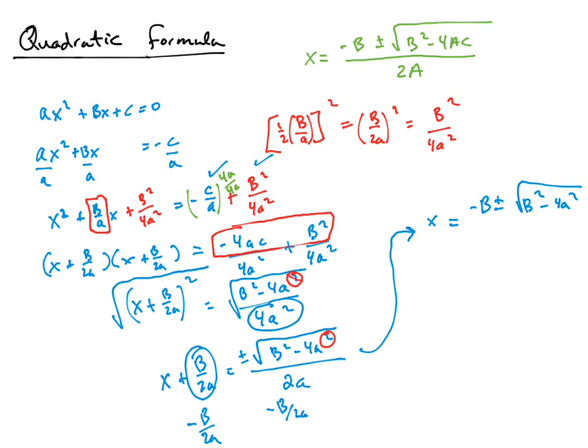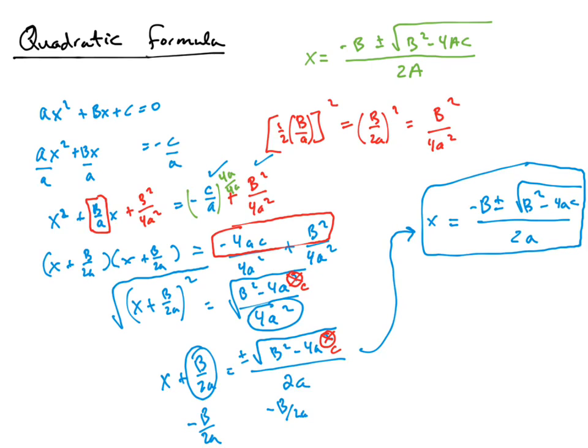I wrote 4a squared, so there should be a c here. 4ac, all over 2 times a. And that is the quadratic formula. That gives us a formula to solve for x when we have a quadratic equation.